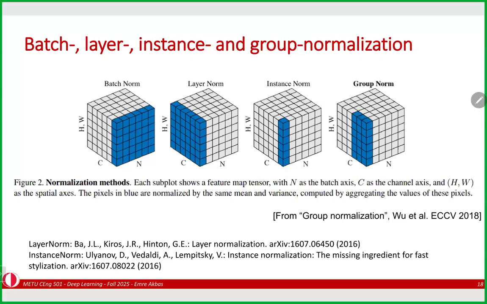You abandon that. You don't normalize with respect to your batch size because of these obvious problems. But you can normalize with respect to the channel dimensions and the examples within themselves. And this is called group normalization.